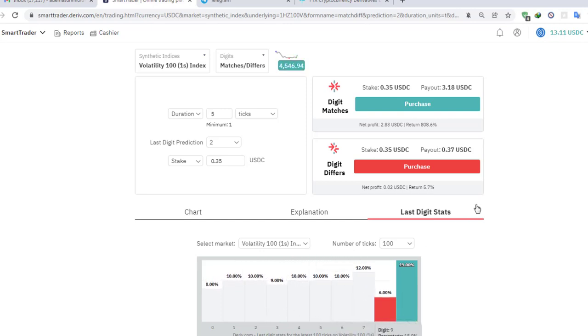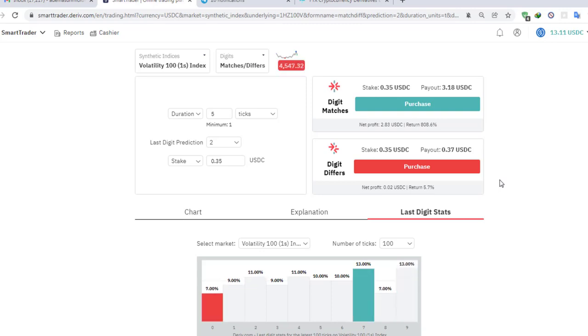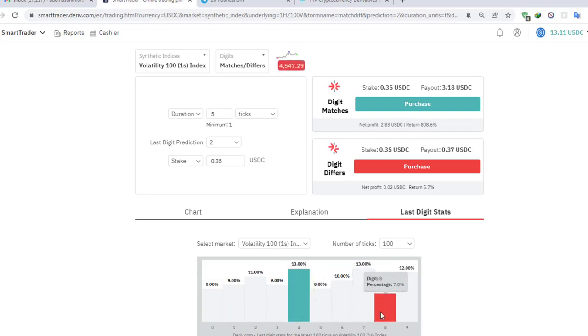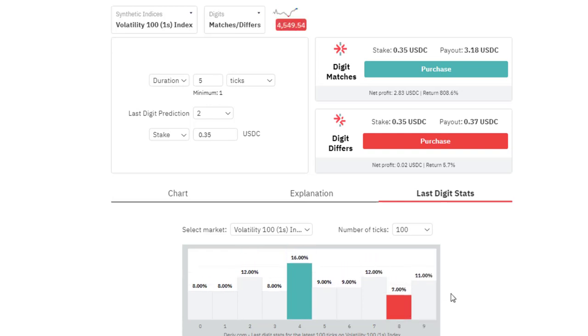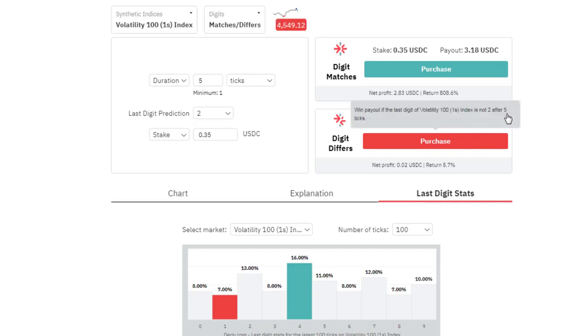Or if you can settle for a small amount of money, just trade differs. So you trade digit differs, so you get a small profit. At least with that, it should give you a number of high trades. So if you are looking for ways to have high trading volume, just trade differs.